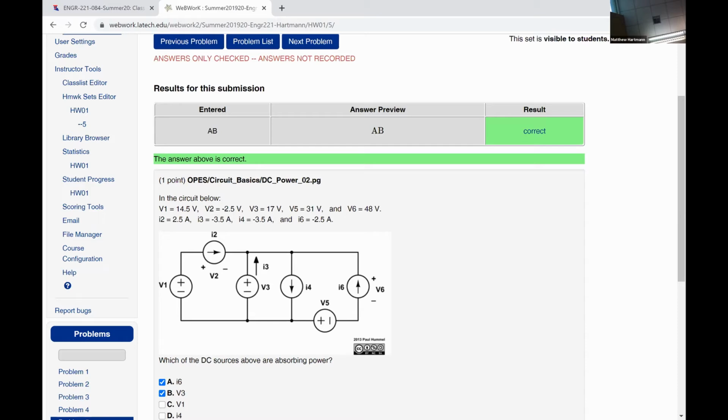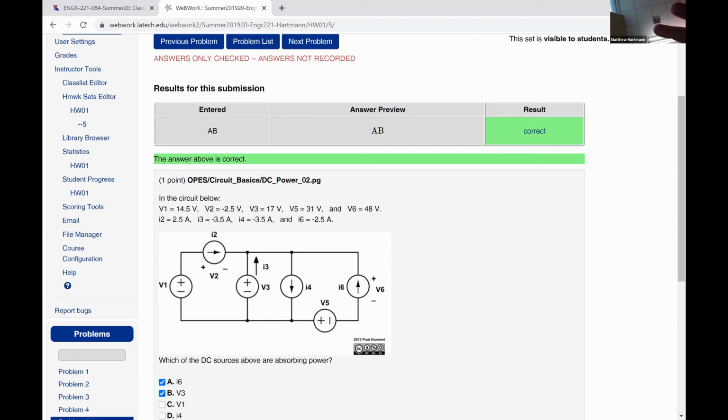And if it's supplying negative power, that means it was absorbing positive power. So, for instance, the DC current source on the very right-hand side of the circuit, I6. That current is flowing into the negative polarity terminal of the voltage labeled V6. The current has a negative sign. The voltage has a positive sign. So that means that it is supplying negative power, which is the same as absorbing positive power.